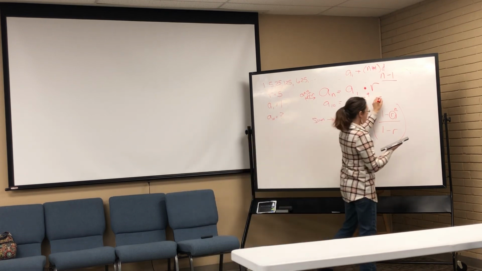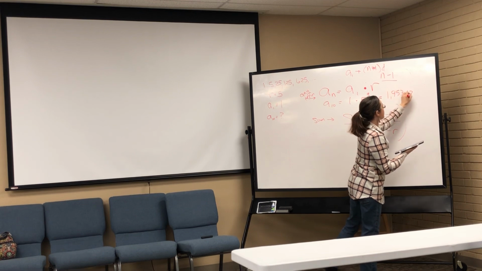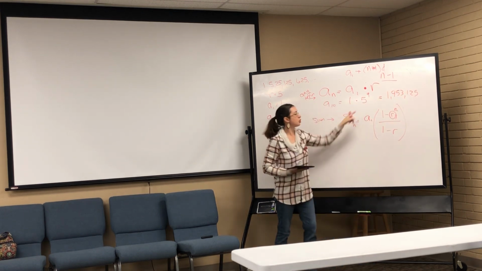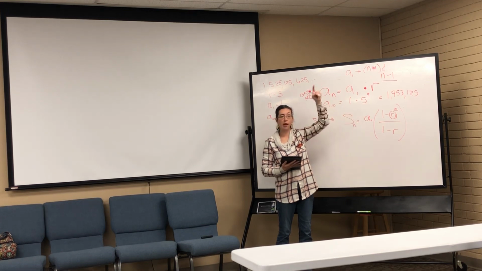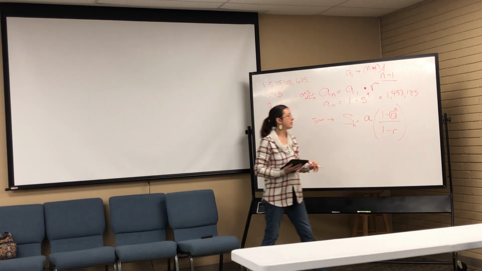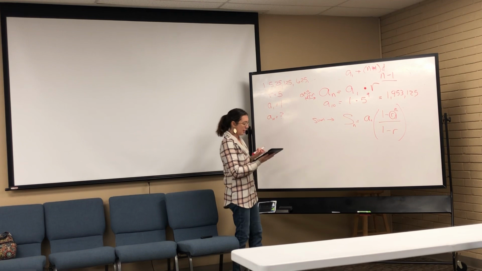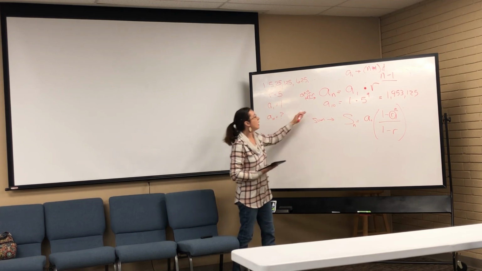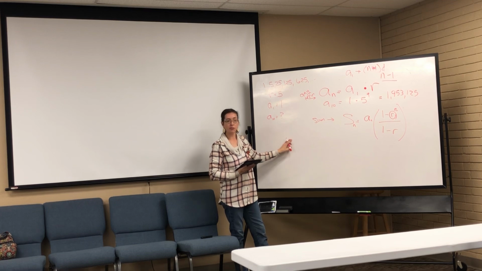So that means my 10th term is a really large number, because I took my calculator and I plugged in 5, and then I hit the x to the y button, and I plugged in 9, and I get 1,953,125. Okay? Now, what is the sum of these first 10 terms?